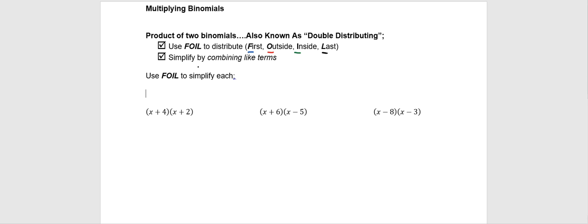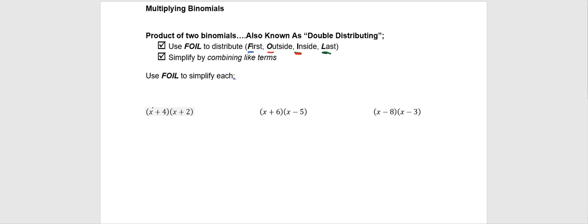And then we'll put everything together. And what we'll discover is when we multiply, particularly outside, inside, we're going to get two like terms that we can combine. So without further ado, let's get started.